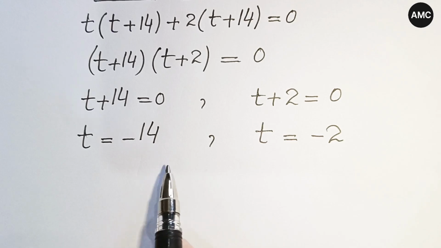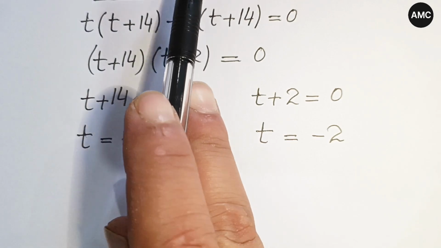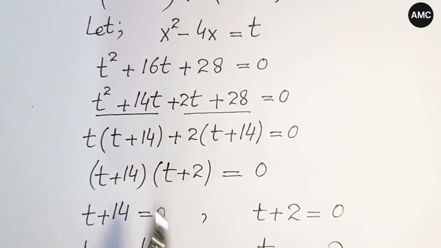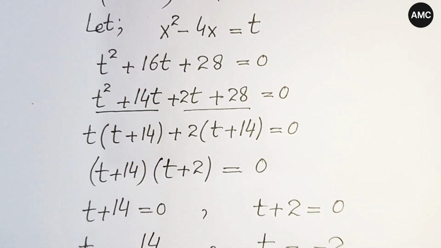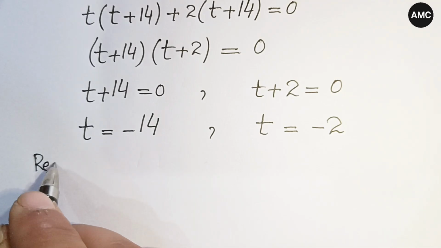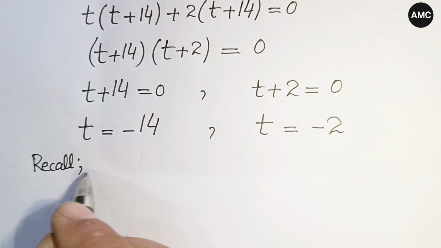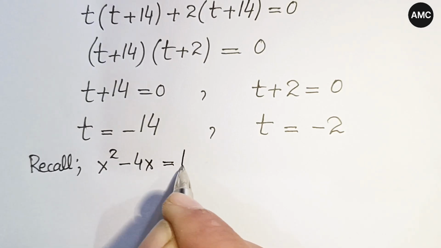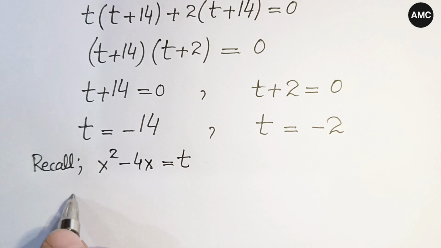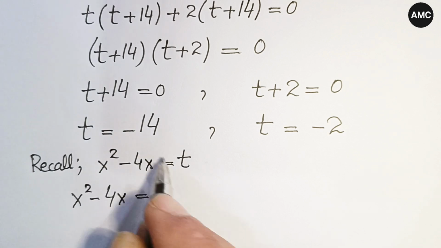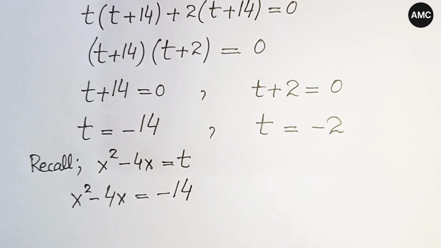So putting these values in our supposition, that we have just supposed that x squared minus 4 times x is equal to t. First of all, just recall our equation, that is x squared minus 4 times x is equal to t. So here we will get x squared minus 4 times x is equal to minus 14.